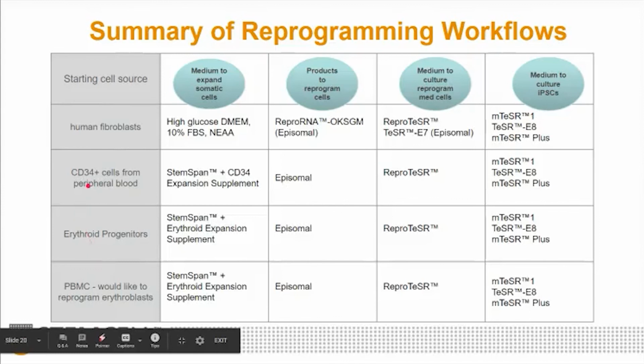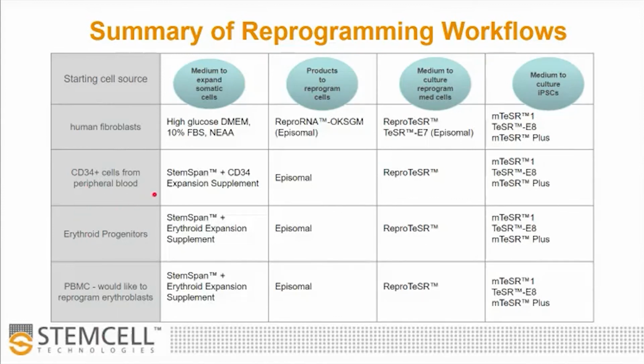For CD34 cells from peripheral blood, we would expand those cells in STEMSpan media plus CD34 expansion supplement. Remember, for blood reprogramming, ReproRNA does not work, so we would recommend episomal vectors. Our reprogramming media of choice here would be ReproTeaser, and of course, the same medium to culture the iPSCs once you have them.